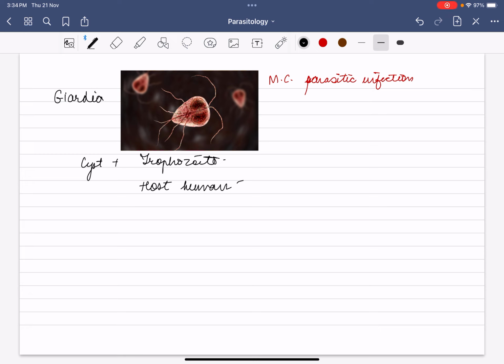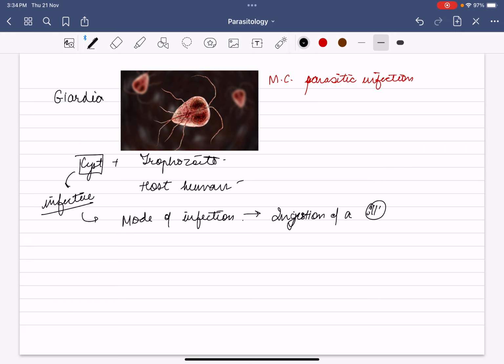An important point to remember here is that the cyst is the infective form. So the mode of infection is ingestion of a quadrinucleated cyst.